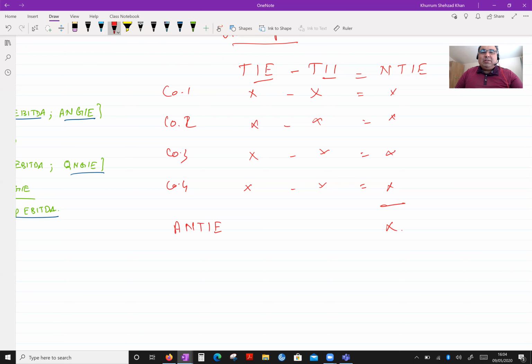Now there are lots of expenses which are only for accounting purpose. For example, if there is a fair value movement of the loan relationship, you say the loan has been impaired. So whatever the fair value was, it has been reduced. That impairment will be considered as an expense.